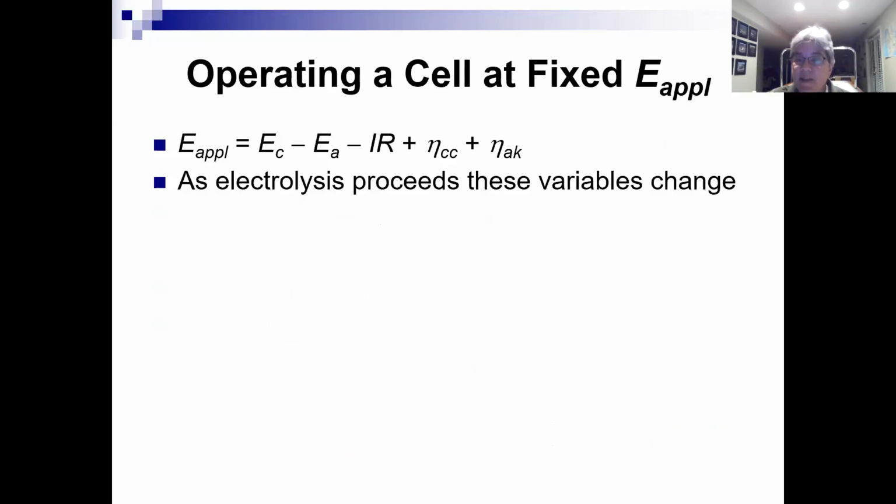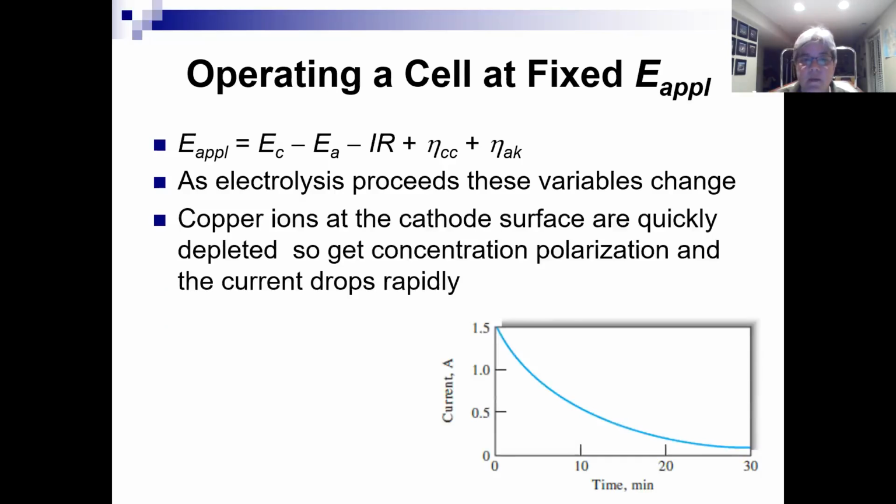We did this in the beginning, but these all change as the reaction starts going. The first thing that happens: we had copper at the electrode, and then all that copper gets reduced. Now there's no copper here, so this is where we get that concentration polarization. That means the current is going to drop because there's no copper at the electrode to react. So our current's going to start dropping off very quickly, right after we start the reaction.